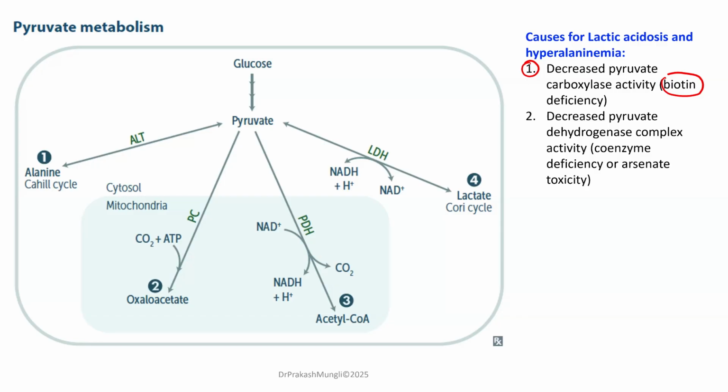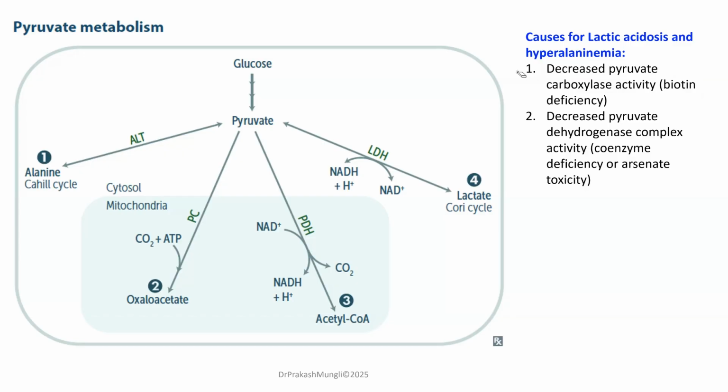How do you go towards pyruvate dehydrogenase then? If your answer is towards pyruvate dehydrogenase, look for any arsenate toxicity in this patient, like garlic odor, or raindrop pigmentation, Mees lines on the nails, hyperkeratosis on palms and soles.